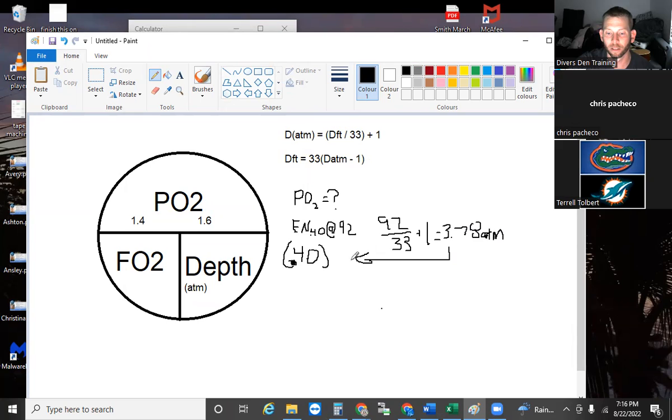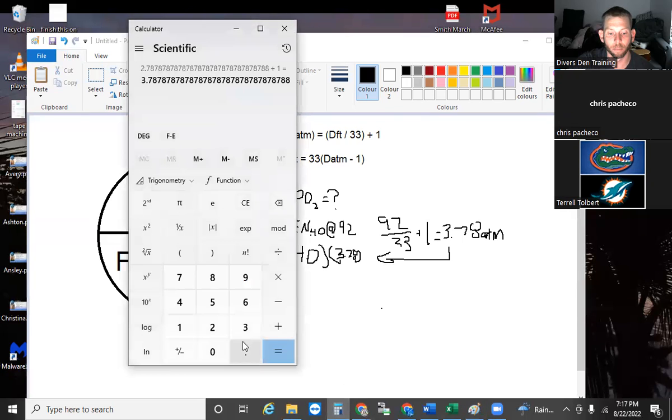ATM times 3.78. This is fraction of oxygen. This is number of atmospheres. So I'll bring up the calculator. All right, I have 3.78 right there.